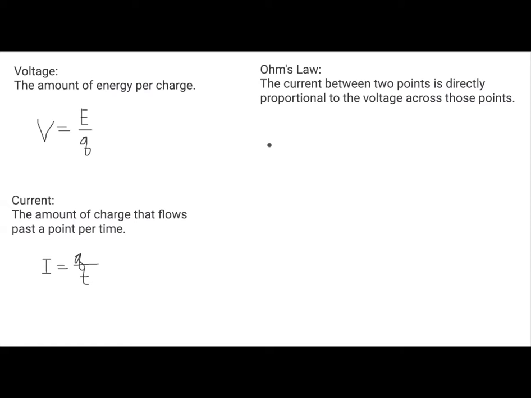Using Ohm's law, we came up with the equation which states that the voltage is going to be equal to the product of the current and the resistance in a circuit. So this equation is important. And with it, we will solve some circuit problems.